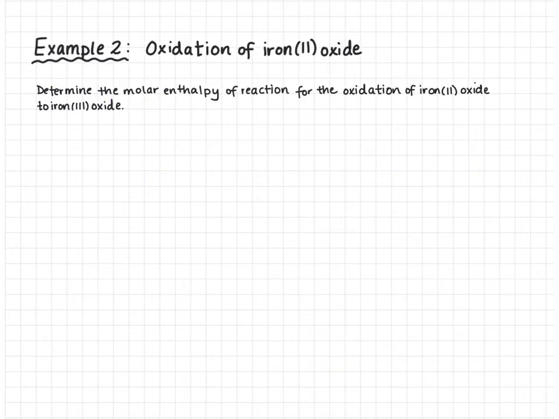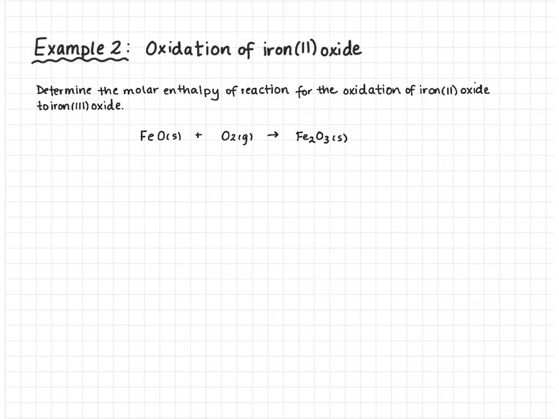The next example we're going to look at is the oxidation of iron oxide. Determine the molar enthalpy of reaction for the oxidation of iron(II) oxide to iron(III) oxide. Iron(II) oxide is FeO, solid. If it's undergoing oxidation, it's going to react with oxygen to form iron(III) oxide, which is Fe2O3, solid.